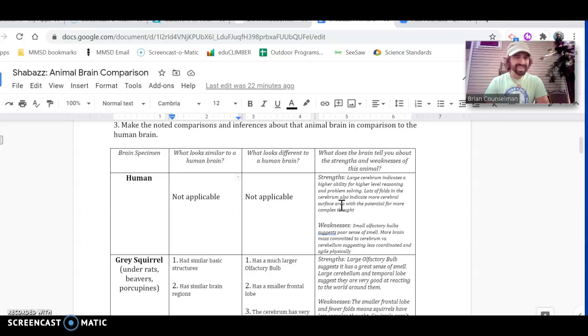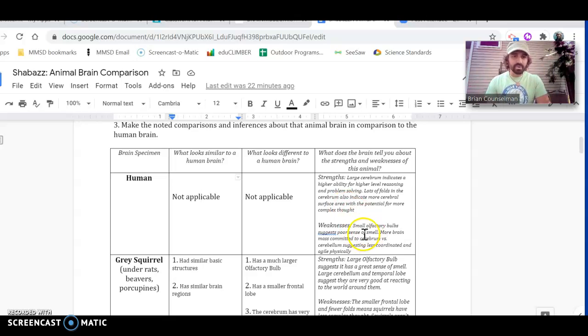We also have lots of folds in the brain, in the cerebrum especially. This indicates that we have more cerebral surface area and the potential for more complex thought. The more folds, we've come to realize, has association with more complex thought. Does that definitively make that animal smarter? I don't know. It's kind of a loaded term, but it certainly means they're thinking more complexly.